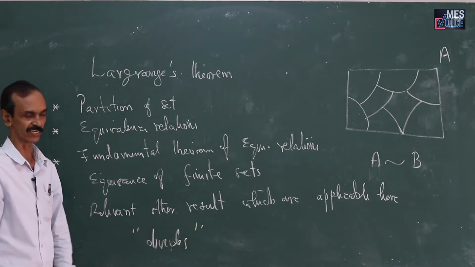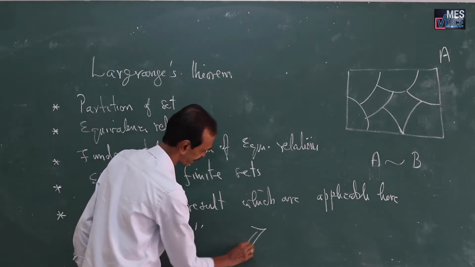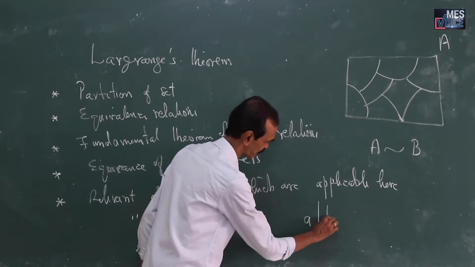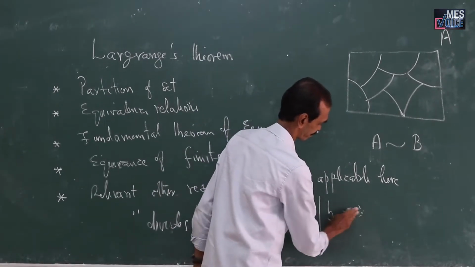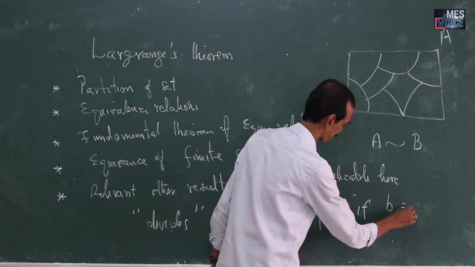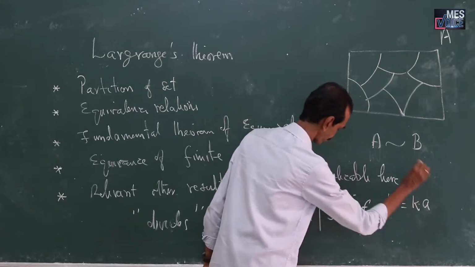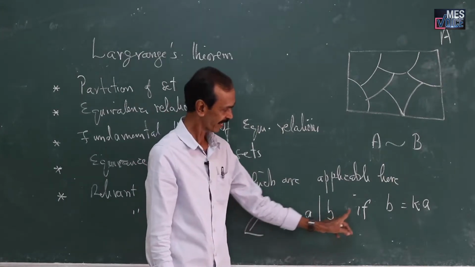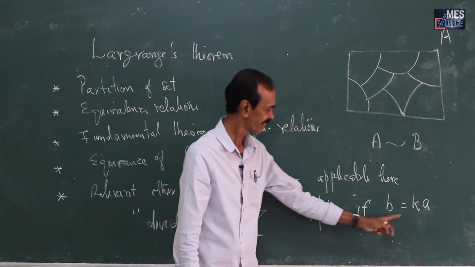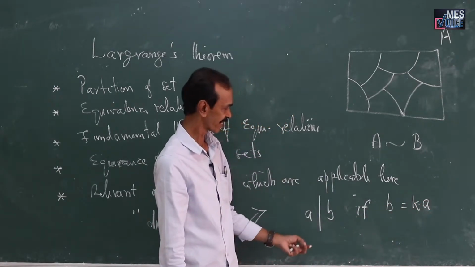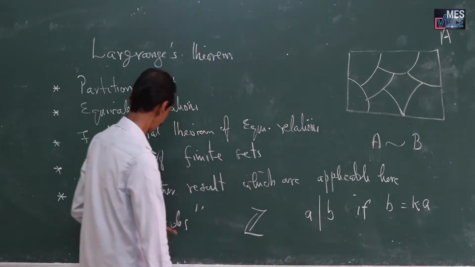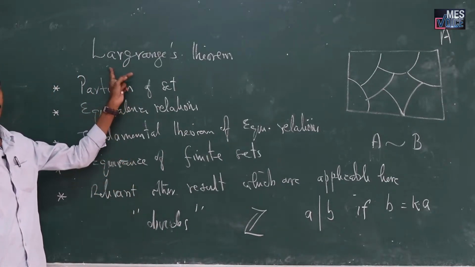This is a simple relation in the set of integers Z, defined by A divides B if B is expressed as a multiple of A, that is, B equals an integer k times A. Then we say that A divides B. Then this relation divides is also used in our present context of the proof.